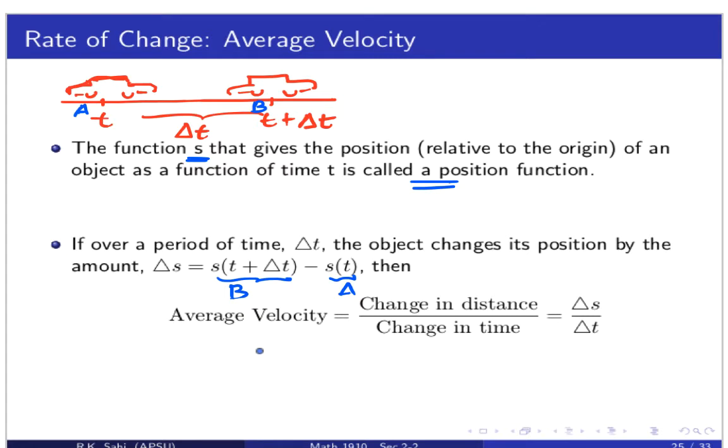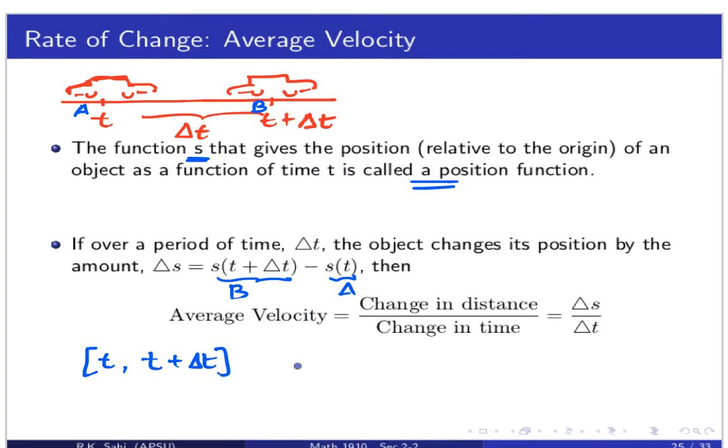So the average velocity is given as change in distance over change in time. That's how we find the average velocity. So that's the formula. Suppose we're looking at the change in distance over change in time over a time period, say t and t plus delta t.